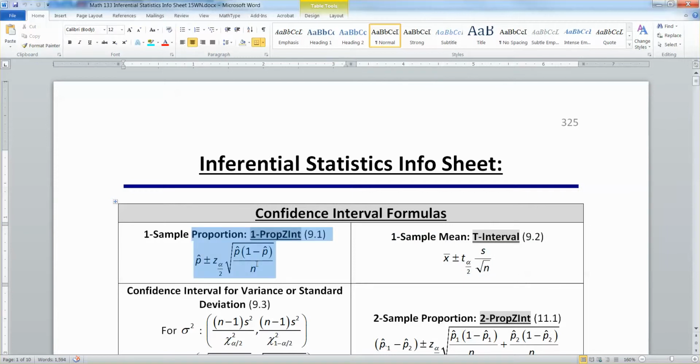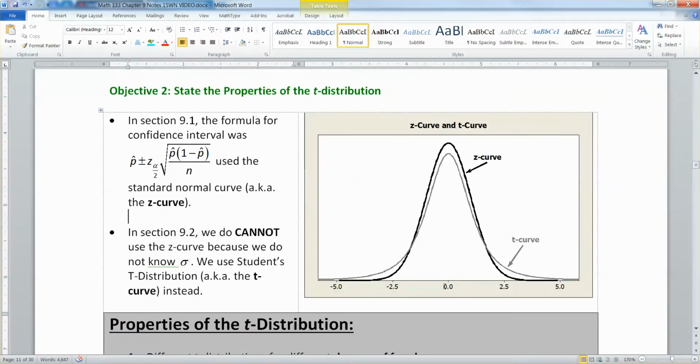Right here it has z alpha over 2, and then the t interval uses t alpha over 2. That all seems fine. But the problem is that half their values are on the negative side. That will never work for standard deviation or variance because they're always positive, always. So we had to create a new distribution called the chi-square distribution.